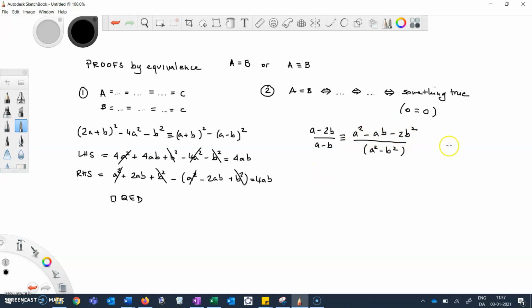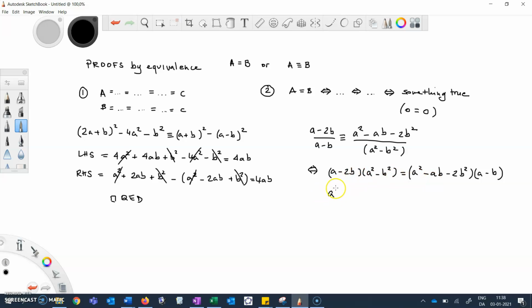So actually, this means that I can write down an equivalent statement which tells me that (a minus 2b) times (a squared minus b squared) is equal to, and then I have to use parentheses correctly, right? (a squared minus ab minus 2b squared) times (a minus b). And now I have to work out the left-hand side and the right-hand side.